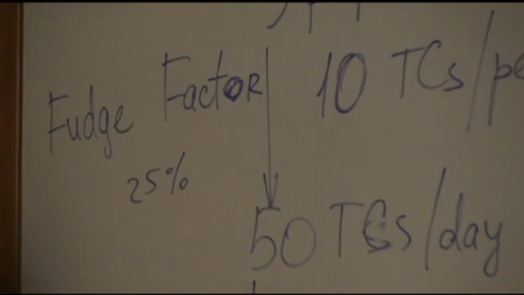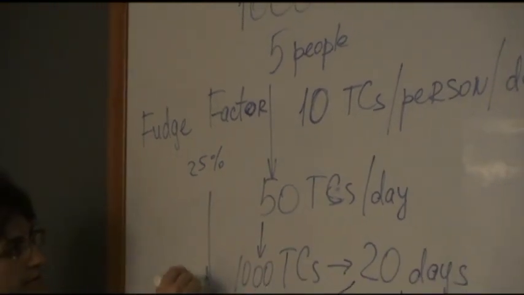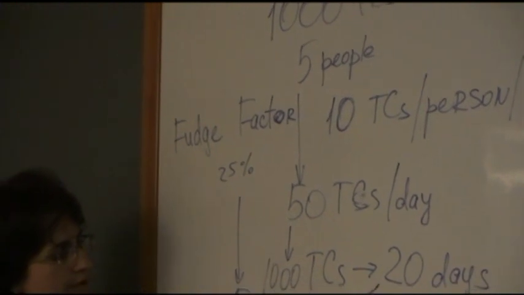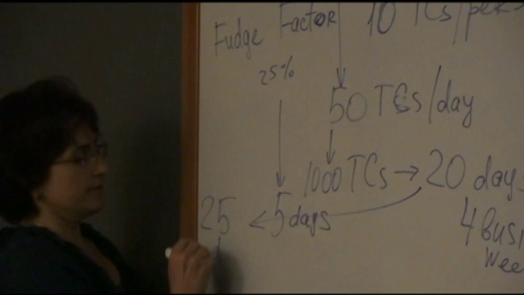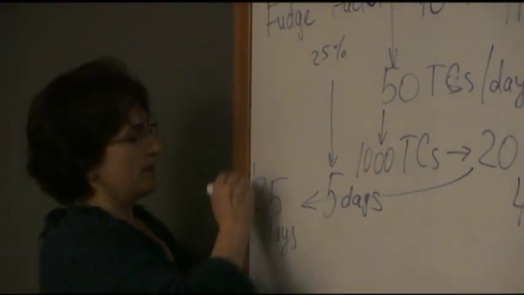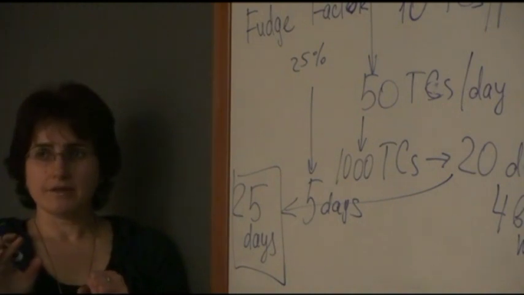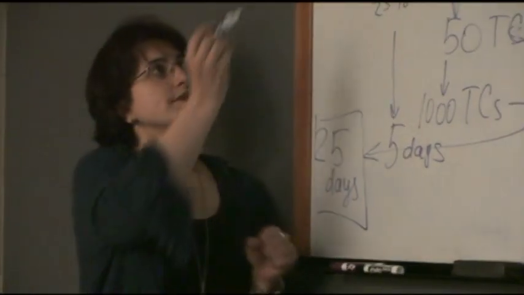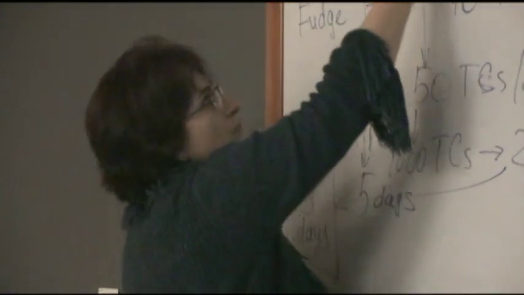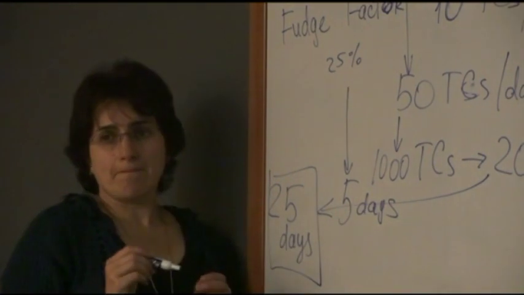So it is 5 days, which means if we add these 5 days on top of this 20, what we'll get in the end is 25 days, the approximate length of our test cycle. One test cycle where we are planning to execute 1,000 test cases with 5 people.